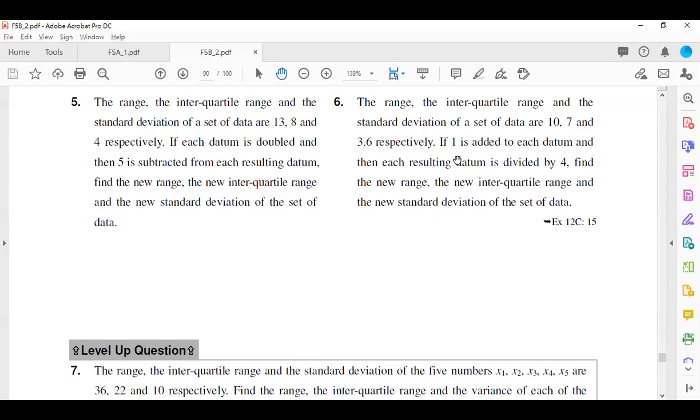Okay. So let me use my notation here. The original set of data will be x1, x2, x3, and so on up to xn. Okay, and then the new set.